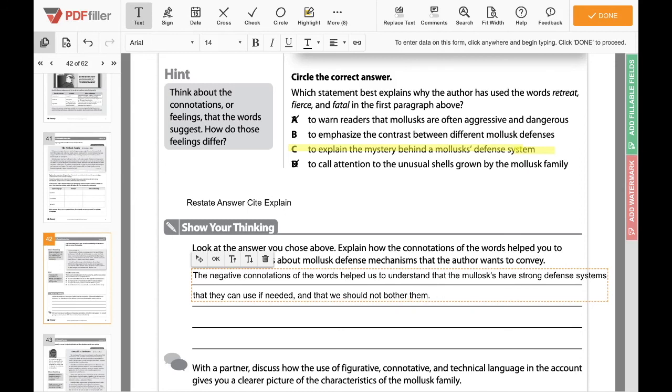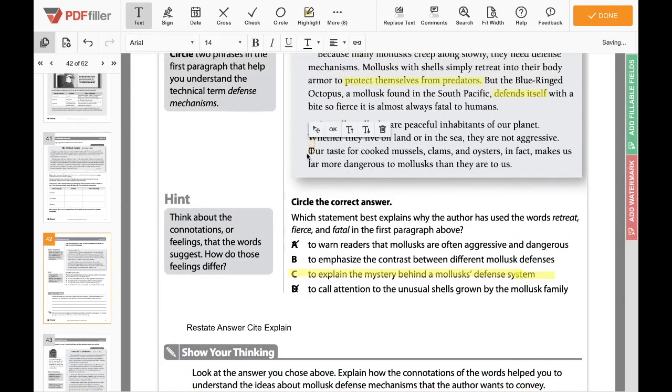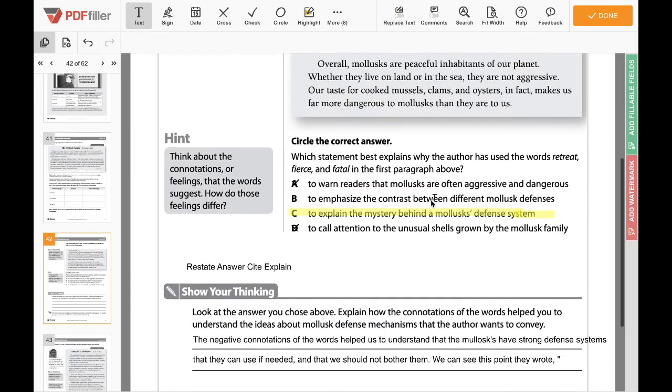And now what's some evidence that she shows us in this article? I shouldn't say she because we don't know who wrote it. Our taste for cooked mollusks, clams, and oysters, in fact, makes us more dangerous.